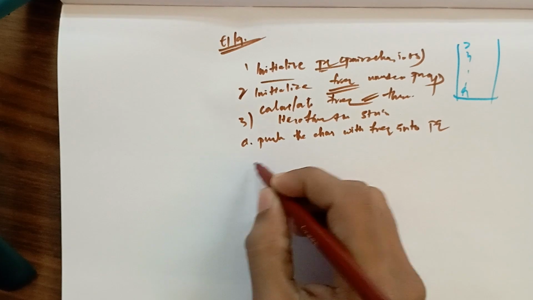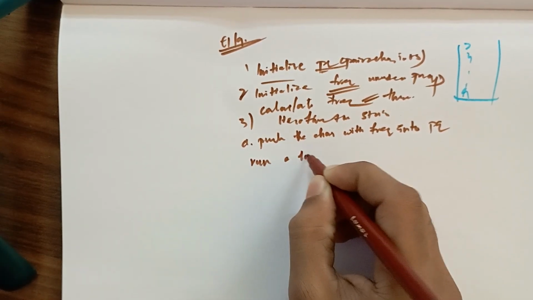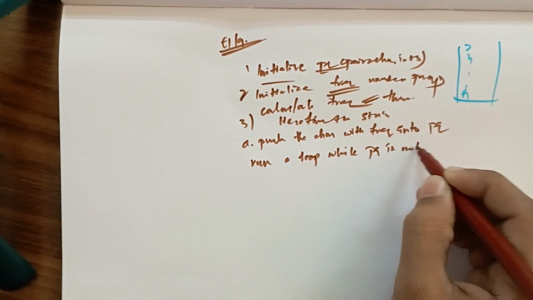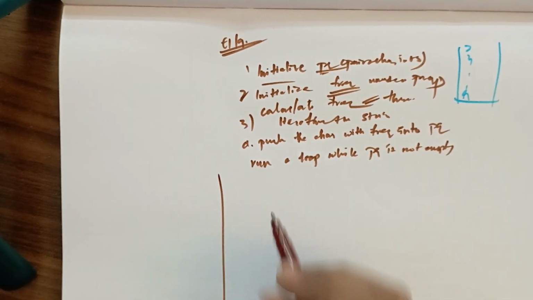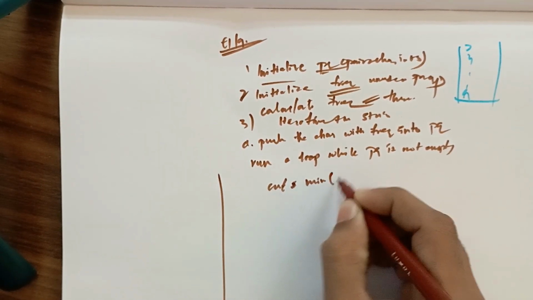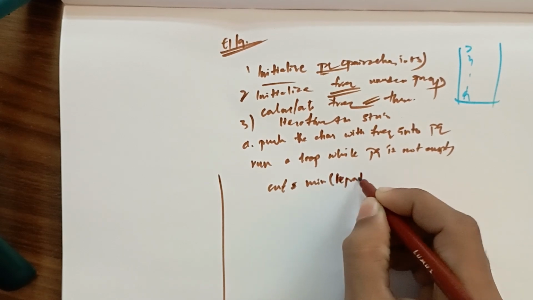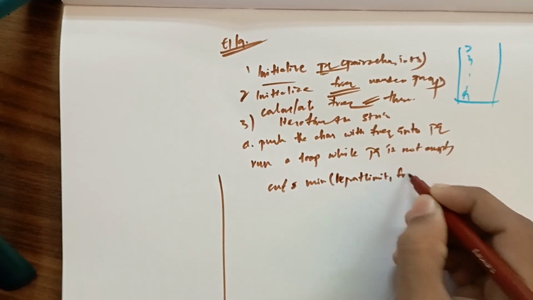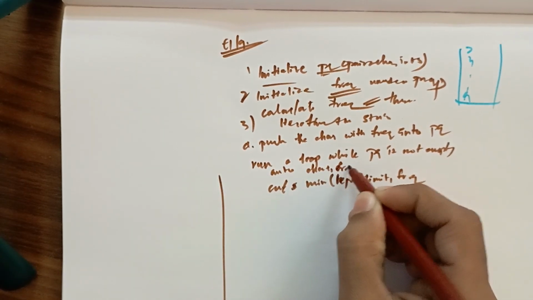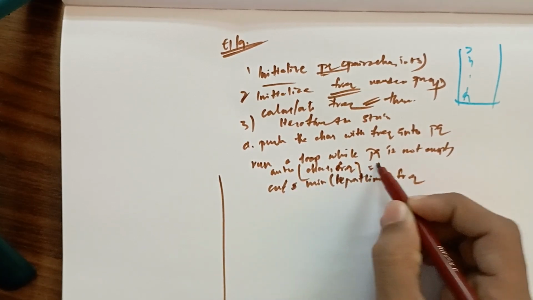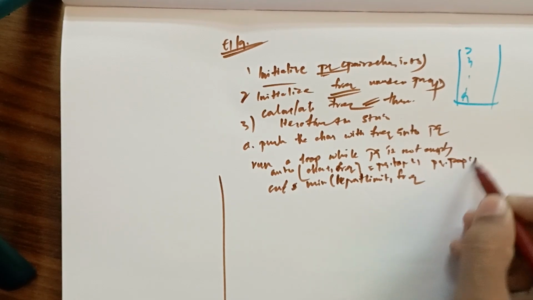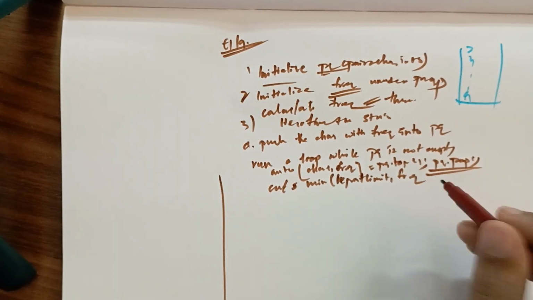Now after that, run a loop while pq is not empty. Now we need to have a count, which is the minimum of repeat limit and the frequency we got. So we'll be having auto character 1 and frequency 1 from pq dot top, and removing that topmost element from the priority queue.